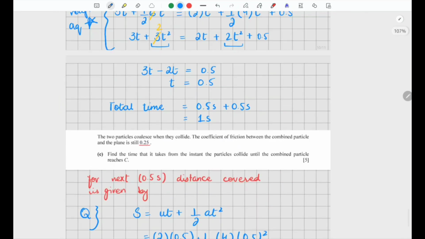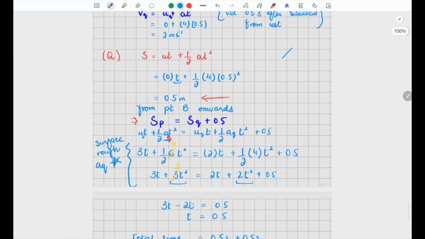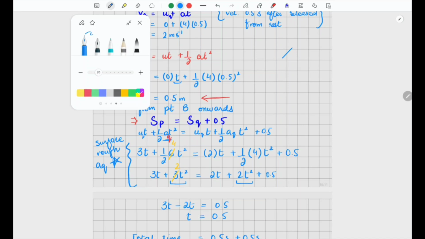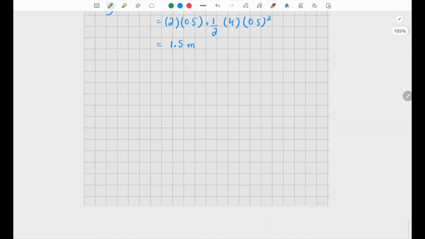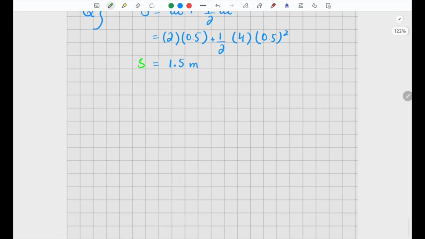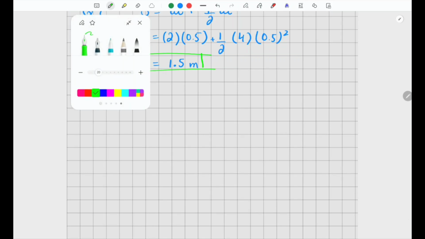So initially it has covered some distance, that was 0.5 meters, and now it has covered 1.5 meters. So how much distance is left?